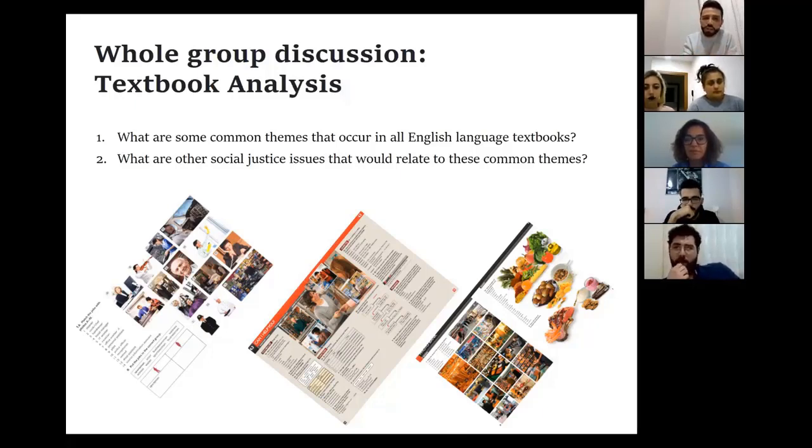So oftentimes the cleaner is a woman or a colored person, but not a white one. So what I mean here is that if you analyze the textbooks through a critical lens, you will see a lot of social injustice in both the language and the visual representations covered in the book as well.